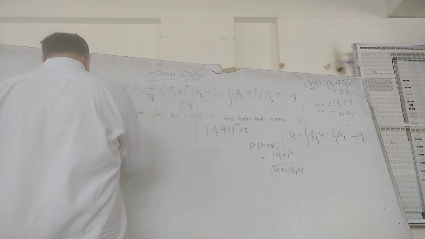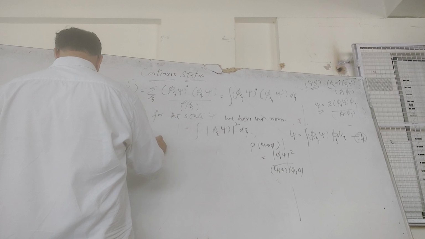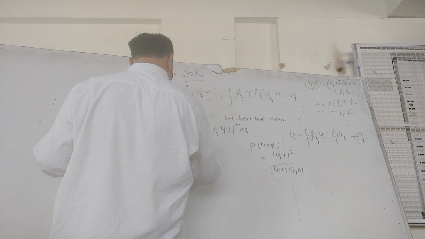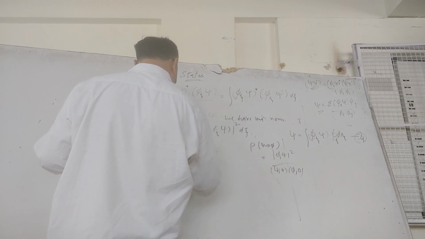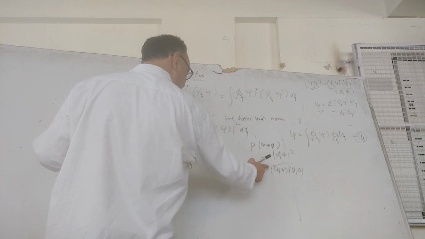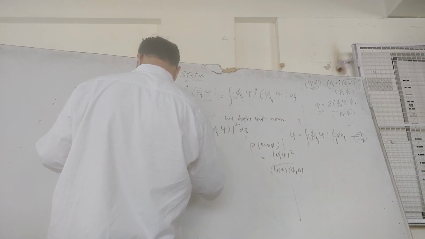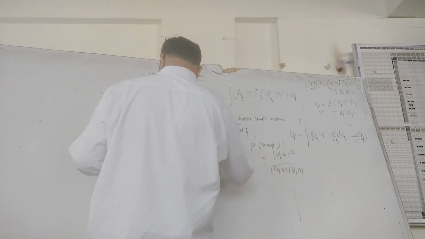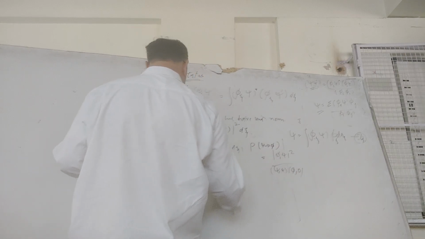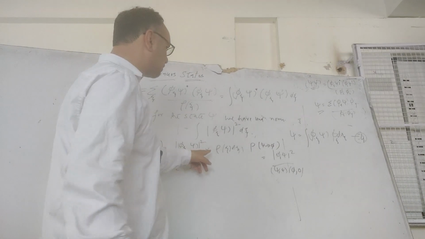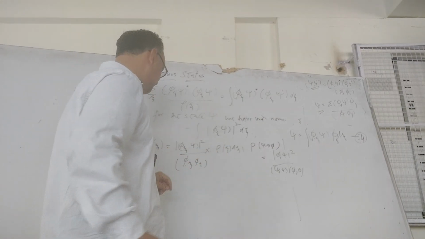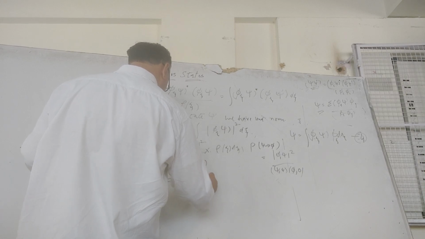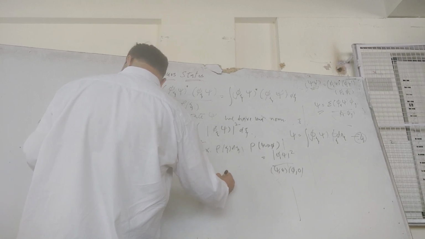So here the probability of psi going to phi zeta will be phi zeta psi square, so it will be phi zeta cross rho zeta d zeta. Again this rho zeta will be phi zeta, so it will be phi zeta psi whole square d zeta.